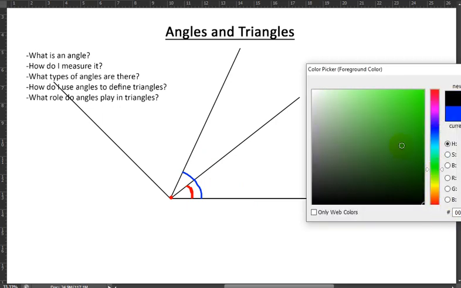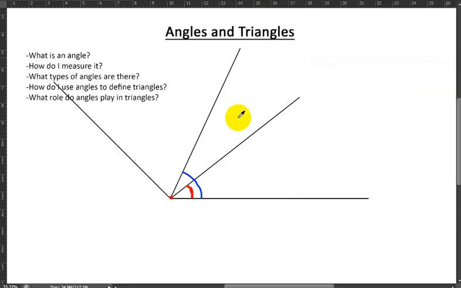Let's start from here, go all the way around until I got here. So you can see now that the green angle is even bigger than the blue angle, and the red angle, of course. But do we have a way to make this more specific by saying how much bigger?